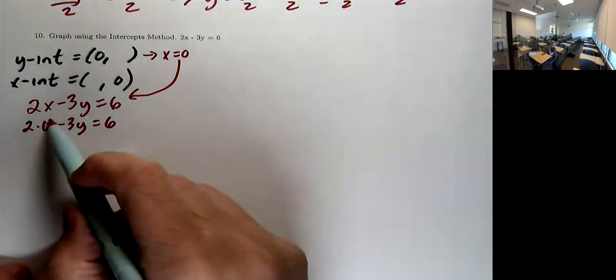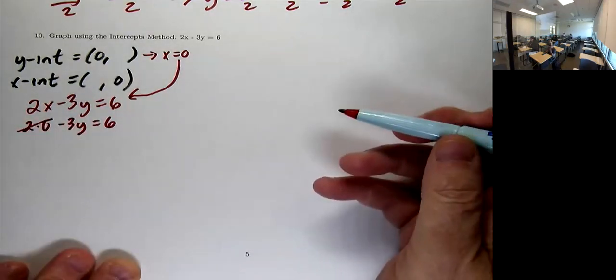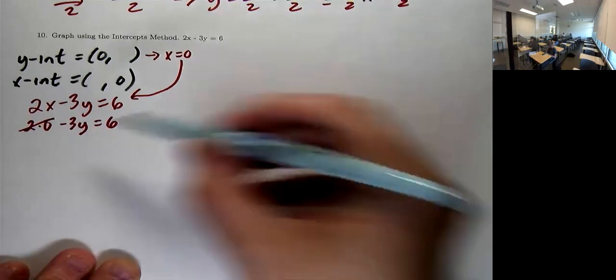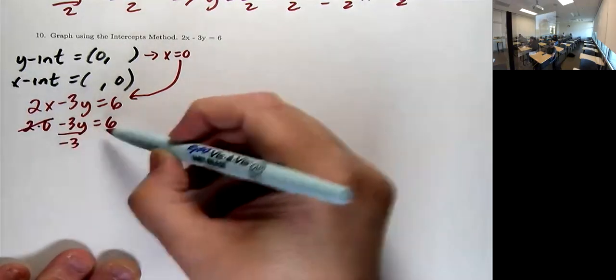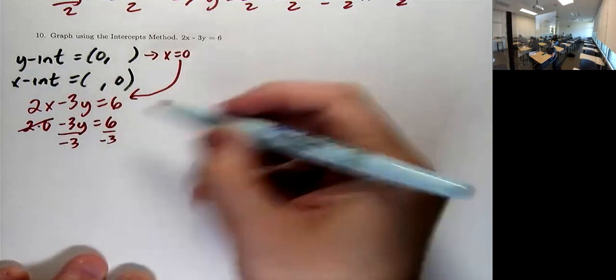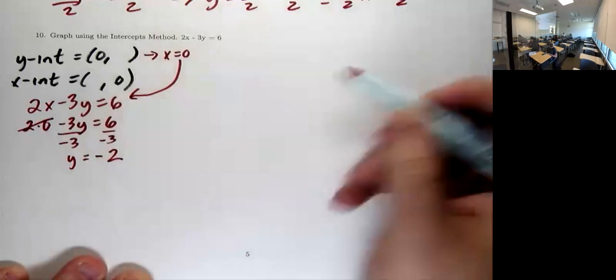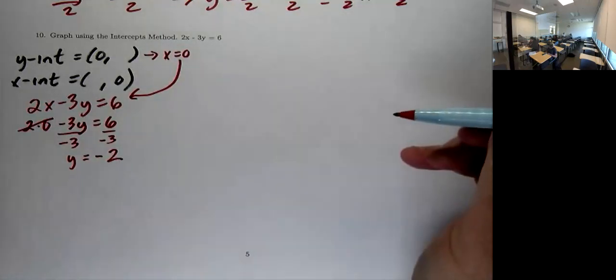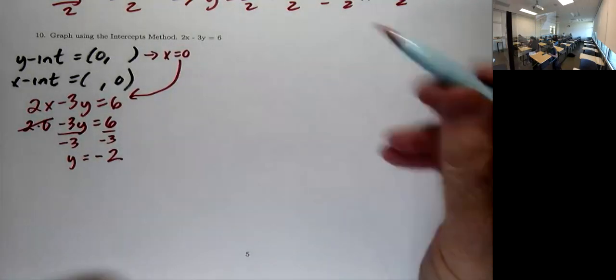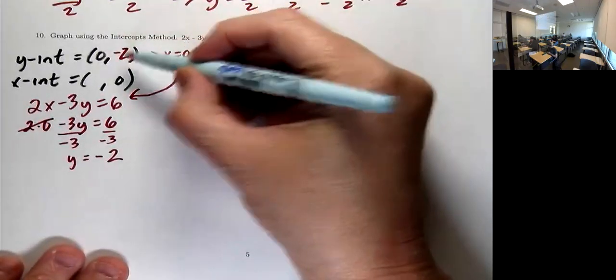And 2 times 0 goes away. We divide by -3. And I get y equals 6 divided by -3 is -2. I'm gonna go up here and write that in right there real quick.